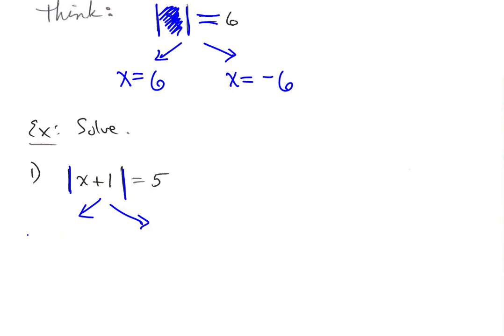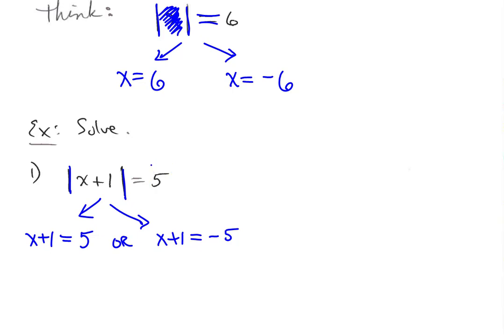What's inside the absolute value, which is the x plus 1, could be equal to a positive 5, or that x plus 1 could be equal to a negative 5, given that the x plus 1 is what's inside the absolute value, and we know that that is what will turn into a positive 5 result if we use the absolute value on it.